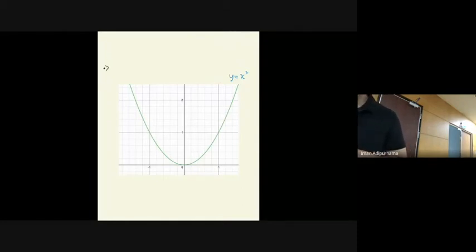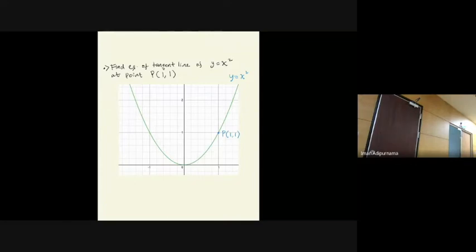There's a question: find the equation of a tangent line of the parabola y equals x squared at the point P(1, 1), which is here. Just pretend you don't know any calculus, any derivatives, any tangent situations. You need to find the equation of the tangent line.